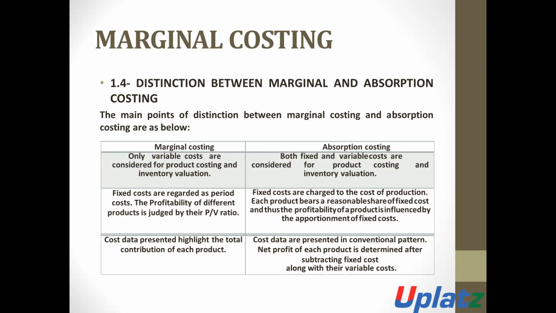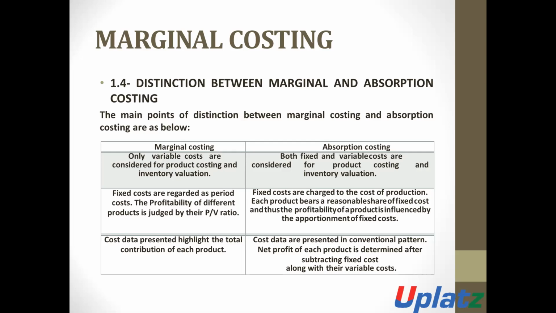Number one, in the case of marginal costing, only the variable costs are considered for product costing and for inventory valuation. But in the case of absorption costing, both variable as well as fixed costs are considered for product costing and inventory valuation.